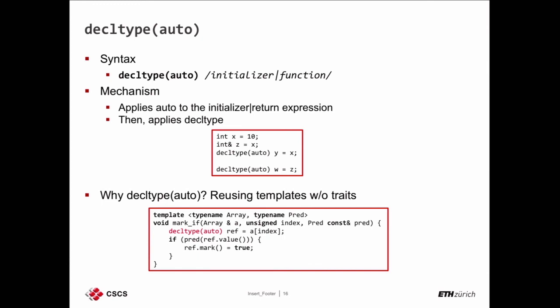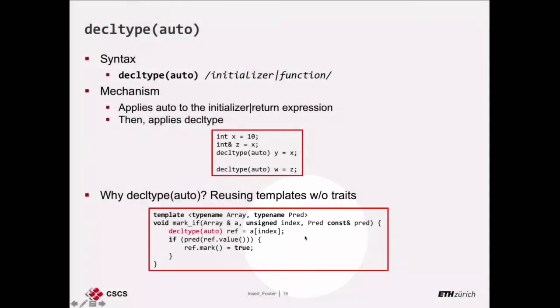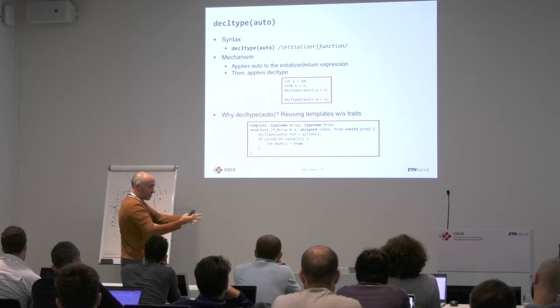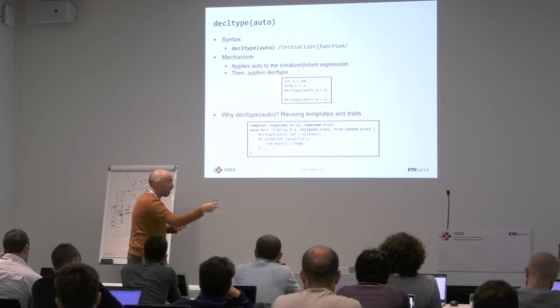So the operator square bracket doesn't return a reference to something. It returns an object that refers to something else, maybe something happening somewhere else in the parallel architecture. For instance, this is used when you do remote method invocation on an object living somewhere else, and you get something here which is not a reference to that object, but something that represents the object.